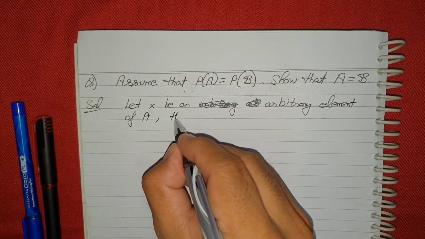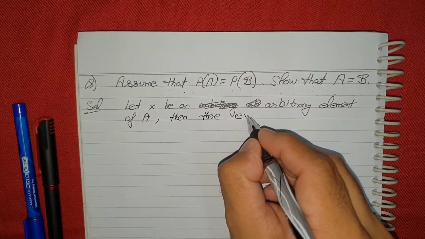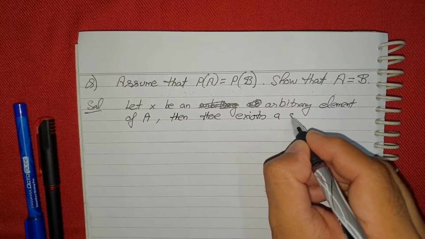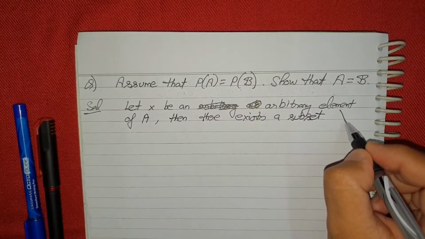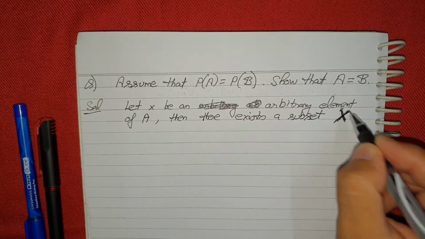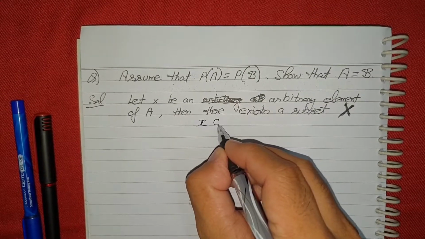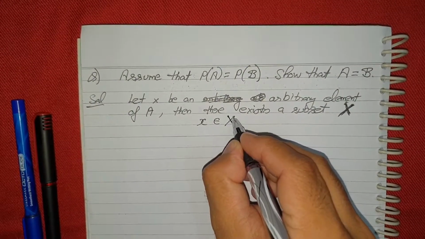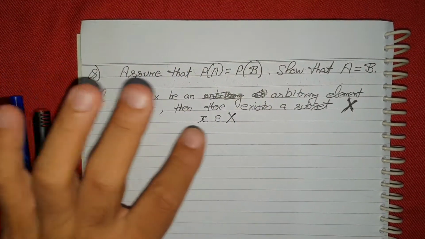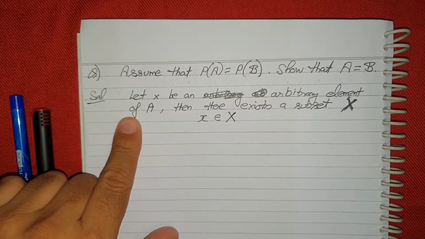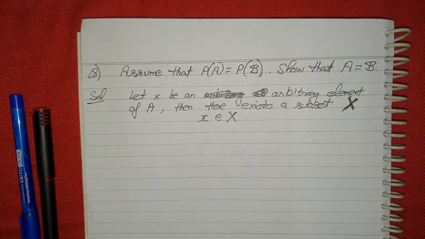Then there exists a subset, capital X, so we can denote that by capital X, such that x belongs to capital X. Now are you getting this point? x is an arbitrary element of A, and what is this capital X? This capital X is a subset of A. So it's obvious that small x belongs to capital X, which is the set.